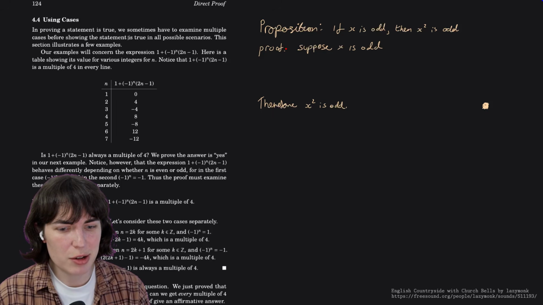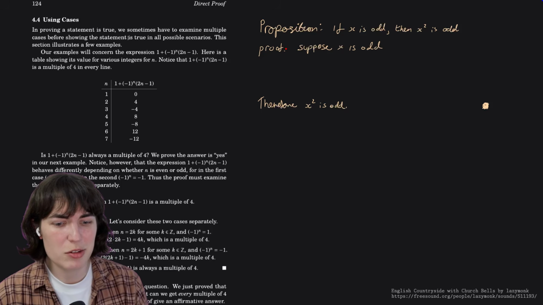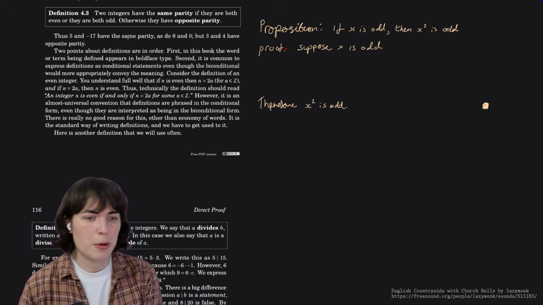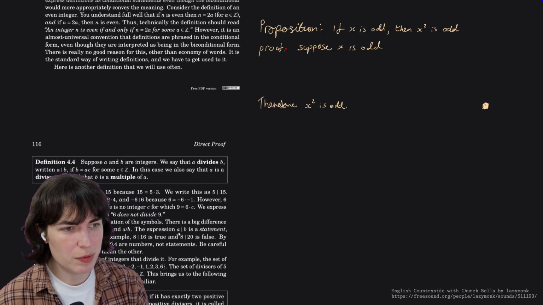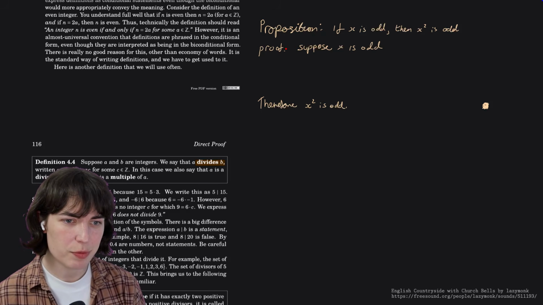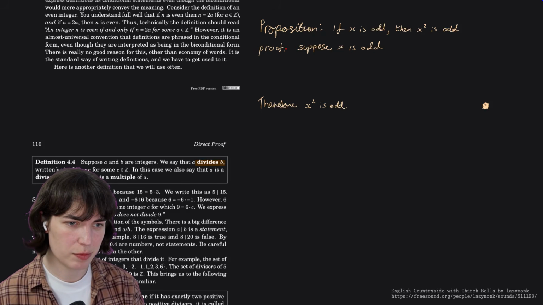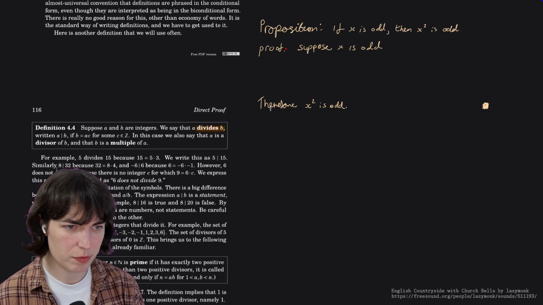I think I have it the wrong way around. I believe b is divisible by a. A divides b. Okay, I see. Five divides 15. 8 divides 32.